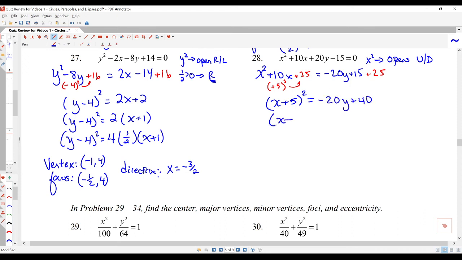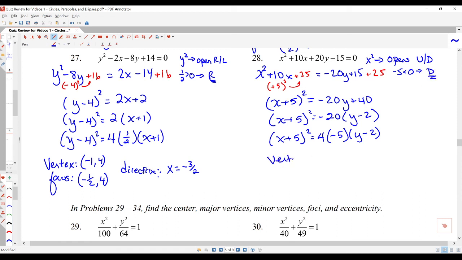So we have to factor out the -20 and split that -20 into 4 times -5, a little bit easier this time. So now because -5 is less than 0, it's going to open down.